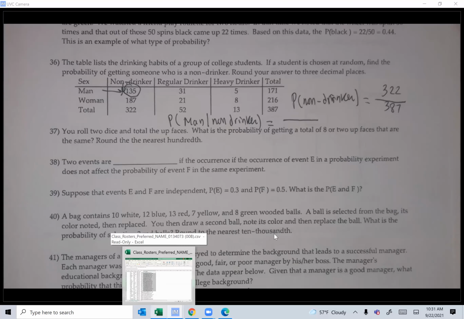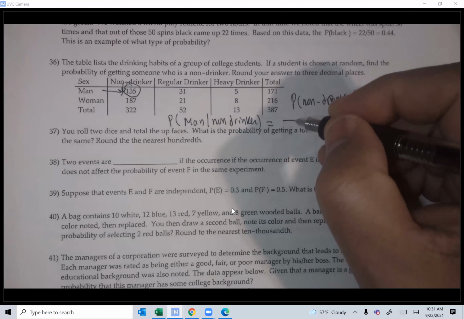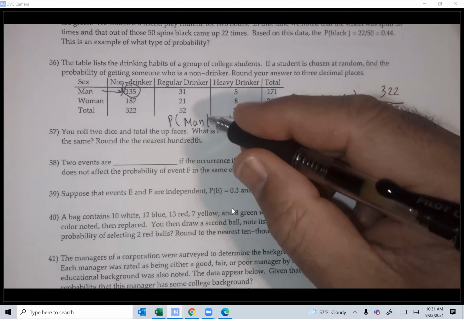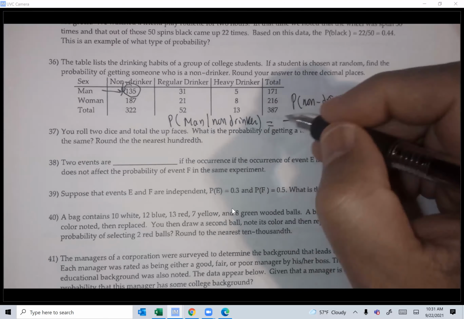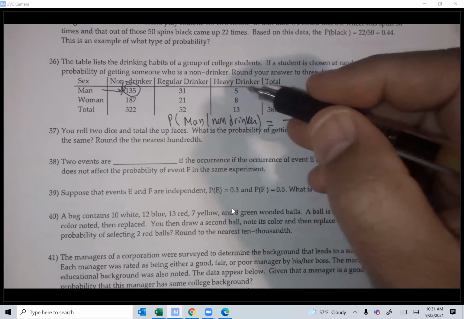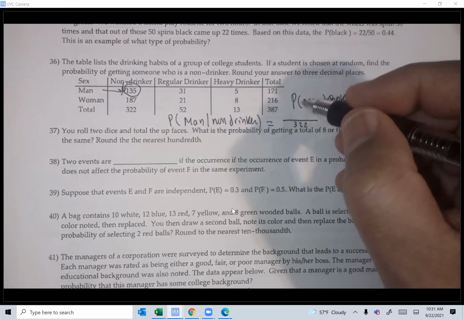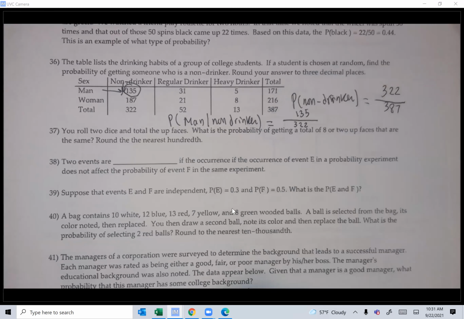Exactly, 322, because we want to select from the group of non-drinkers. This is what I told you last time, guys. What comes after given is your denominator, so 322. For the top one, find where the man and the non-drinkers intersect. They intersect at 135. And that would be your answer.